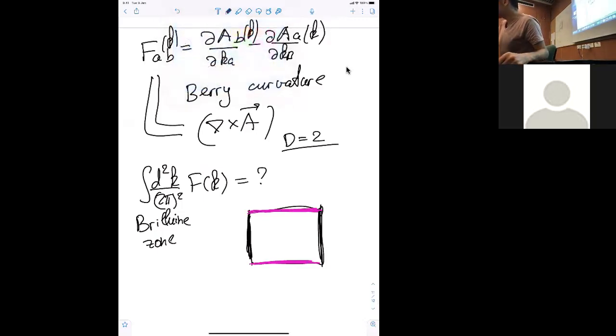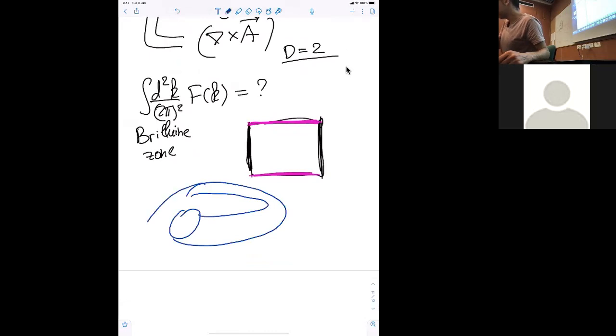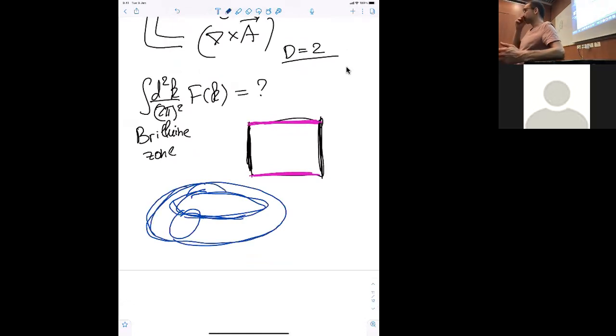Therefore, from topological perspective, that thing is actually something like this. It's actually a torus. And therefore, this manifold is not simply connected.